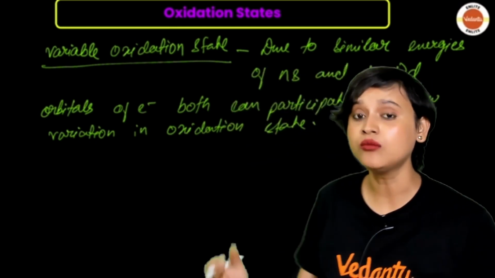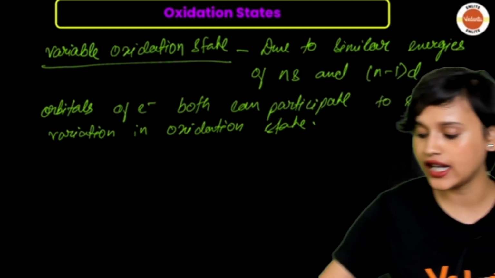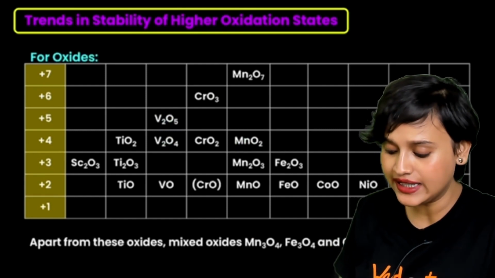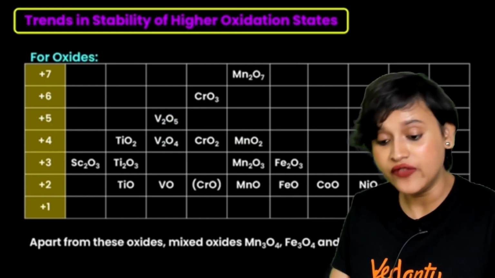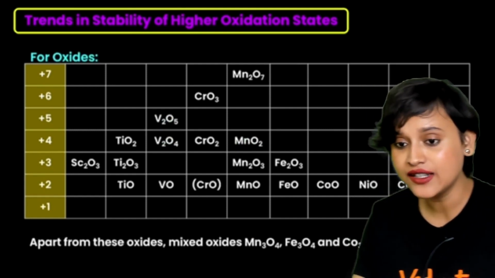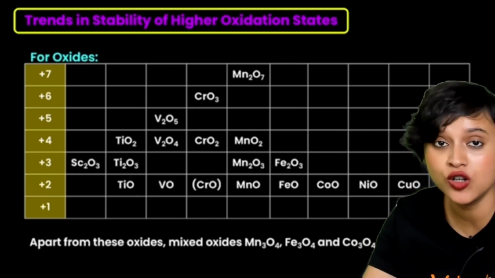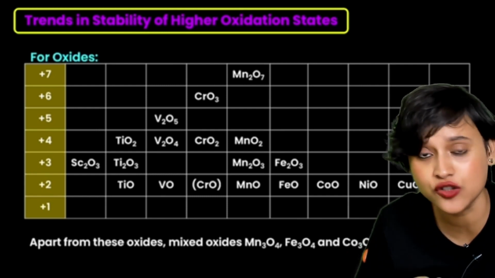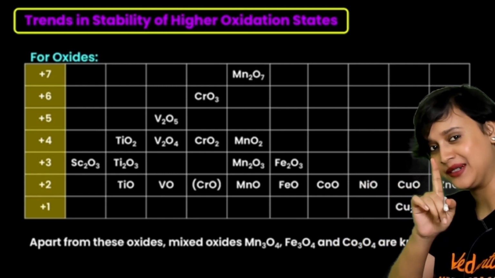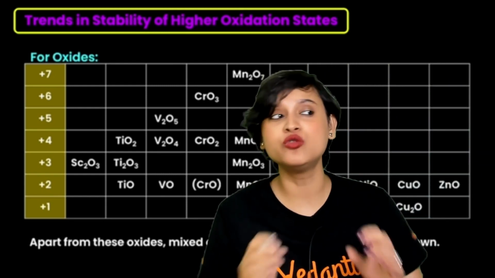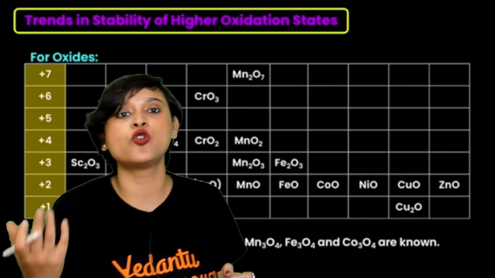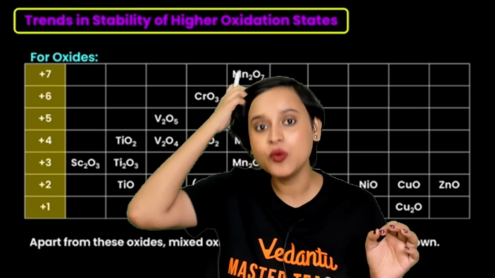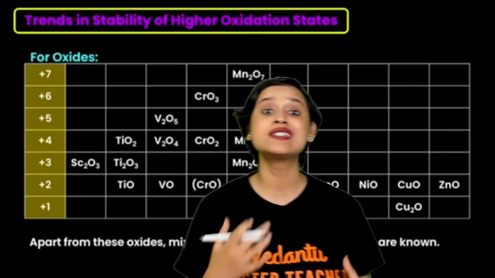Now, what is the most common oxidation state? Once again, take a look at this. You can see that titanium exists in +2. Vanadium exists in +2. Chromium also exists in +2. Manganese exists in +2. All of them exist in +2 except scandium. Scandium does not show +2 because when it loses the 4s2, there is only one electron in 3d, and that way it is not able to stabilize itself.